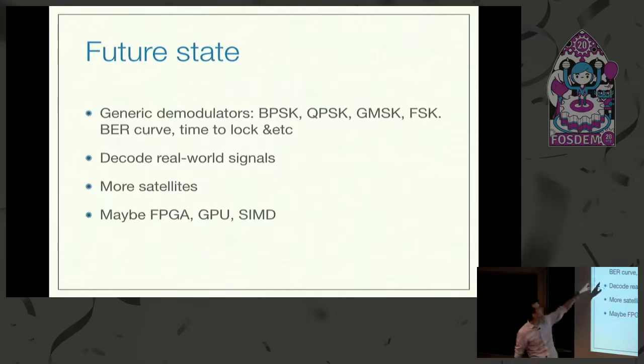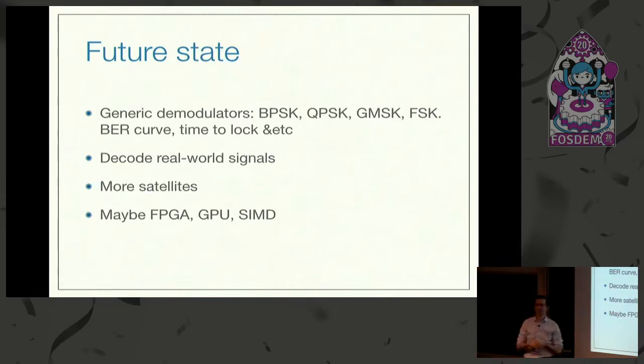Yeah, and I need more demodulators: FSK, QPSK, all the PSK parameters, and real-world signals. There is a lack of them, but it's getting better. More satellites, as Daniel pointed out. Satellites are constantly launching into space, and they're constantly falling to Earth.